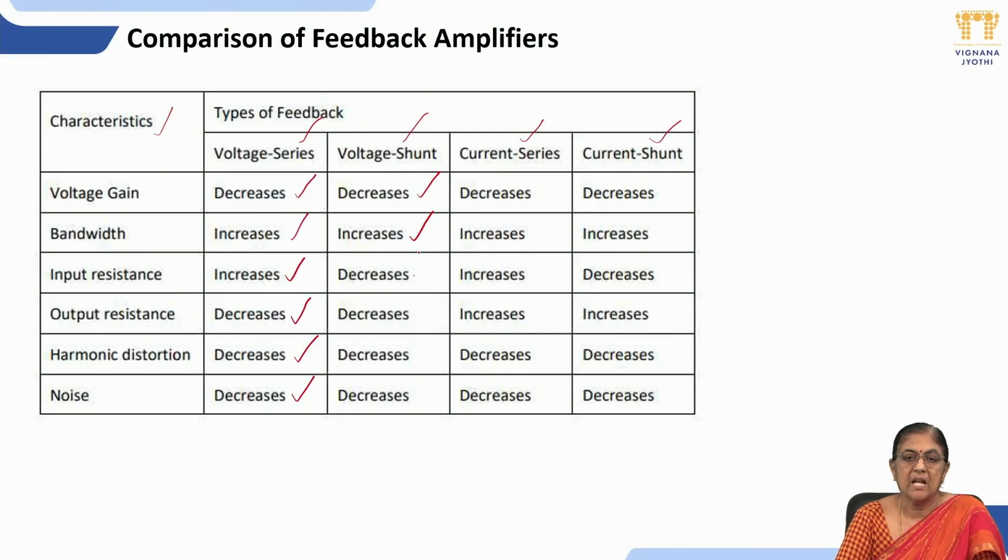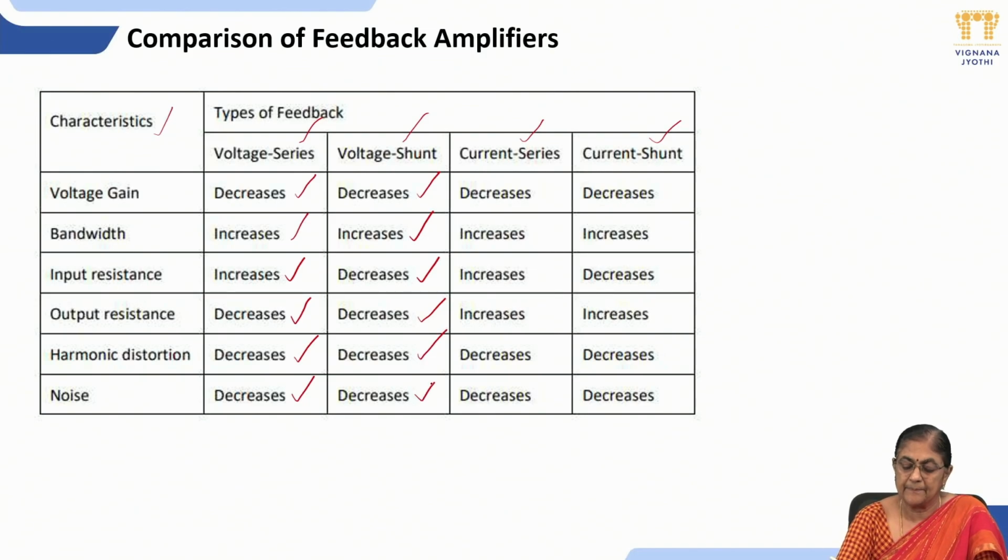In shunt mixer, output terminals of the feedback network are connected in shunt to input terminals of the basic amplifier. Then input resistance decreases. Output resistance also decreases in voltage shunt feedback amplifier. The type of sampler is voltage sampler, and input terminals of the feedback network are connected in shunt to output terminals of the basic amplifier. Therefore, output resistance decreases. Harmonic distortion also decreases.